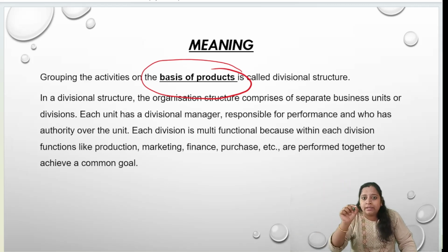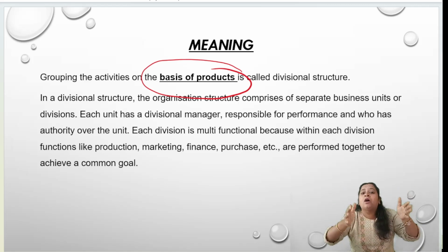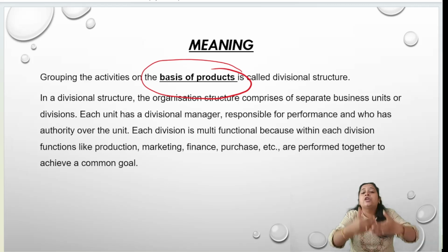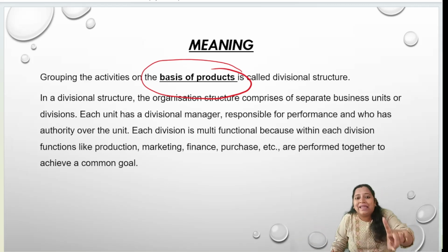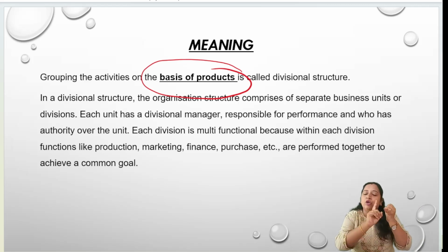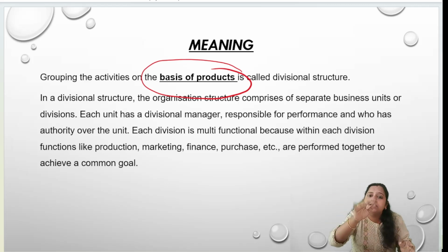So in the divisional structure, you divide the activities on the basis of the product, and under each product you'll have different functions to be performed. So under the divisional structure, you'll have the functional structure too, but all these functions will be taken care of by the head of that division. The division head will look after production, marketing, sales, finance, everything that comes under his division.